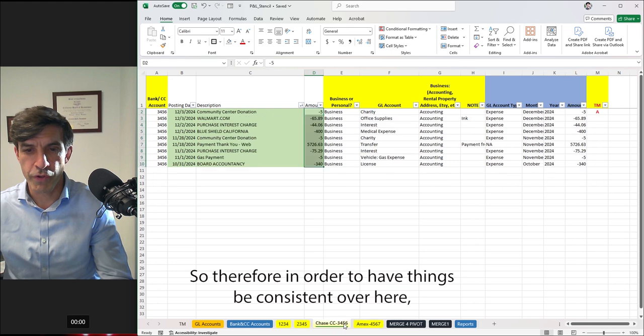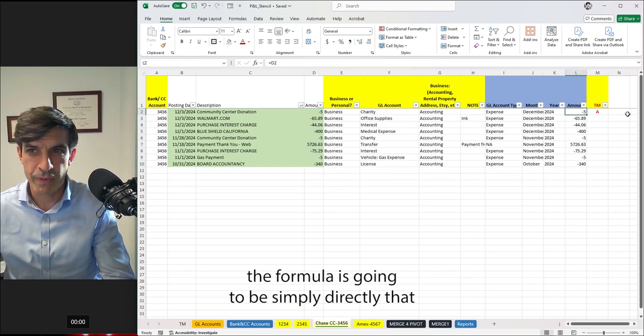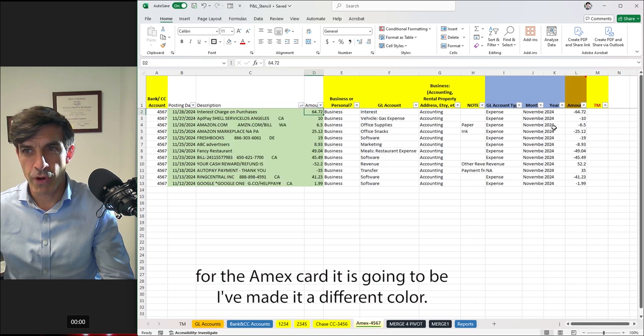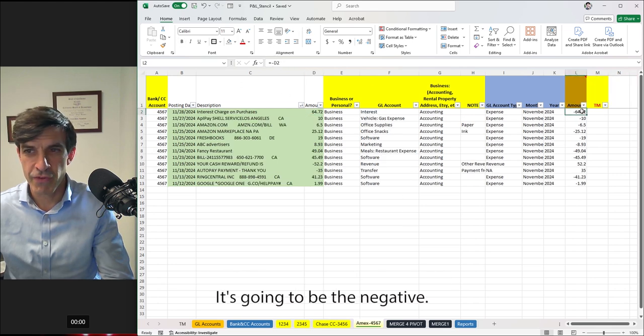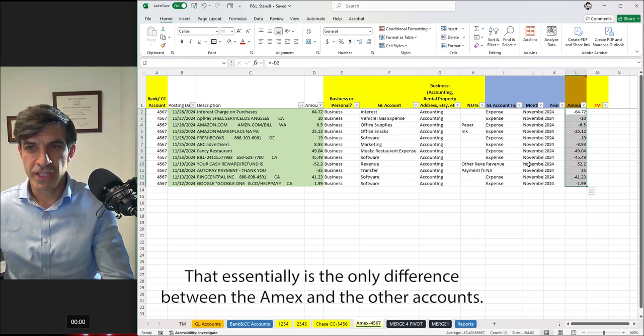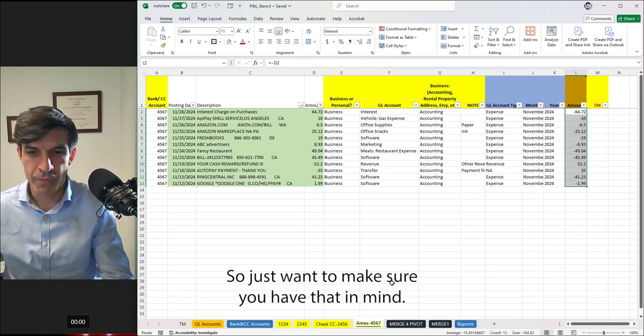So therefore, in order to have things be consistent, over here, the formula is going to be simply directly that charge from the amount column D, whereas for the Amex card, I made it a different color, it's going to be the negative. So we want to make sure that we are staying consistent. That essentially is the only difference between the Amex and the other accounts. So just want to make sure you have that in mind.